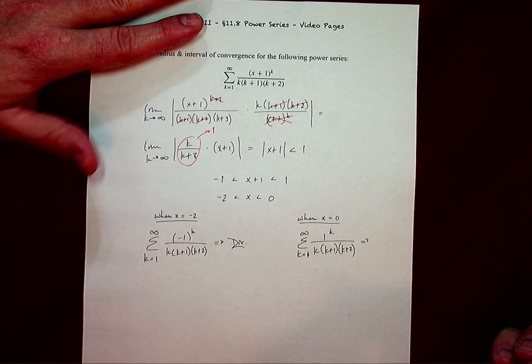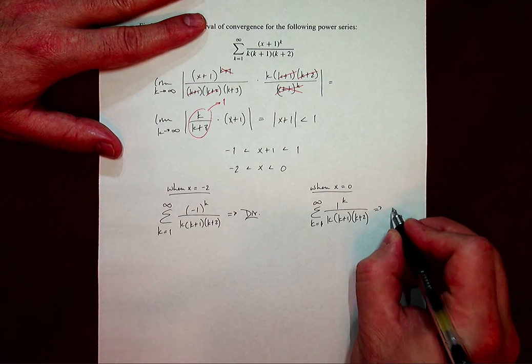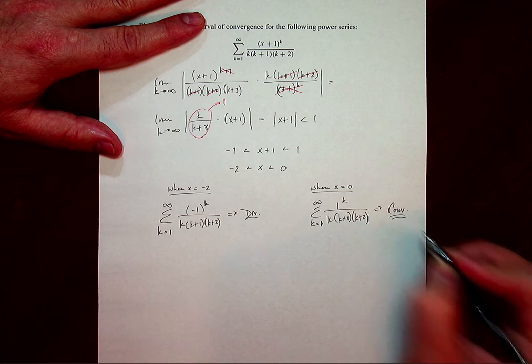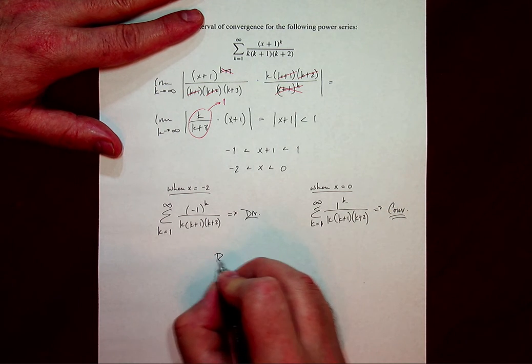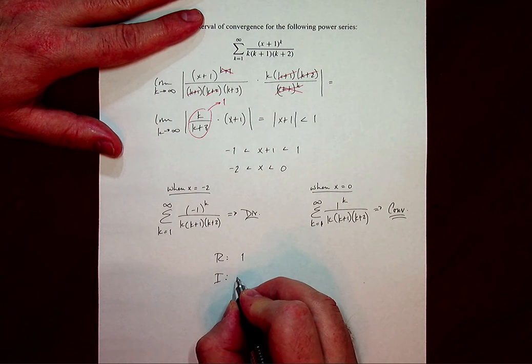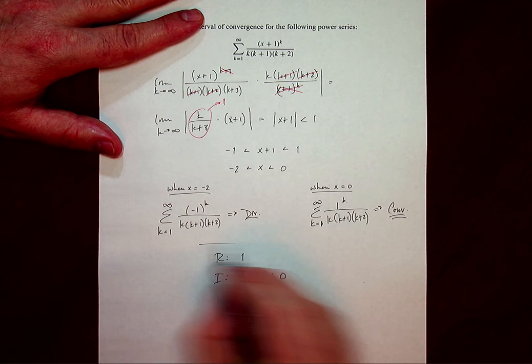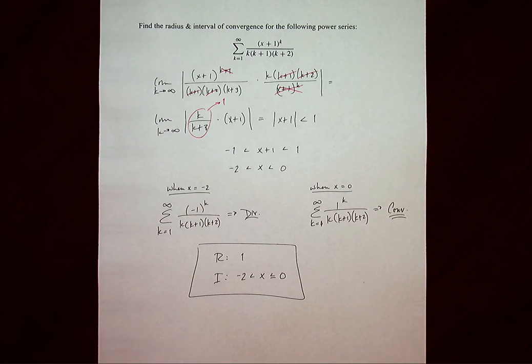That's going to have k cubed as a leading term in the denominator once you expand it out, so this is definitely convergent. So our radius is 1. Our interval is negative 2 inclusive, but non-inclusive of 0. And there we go.